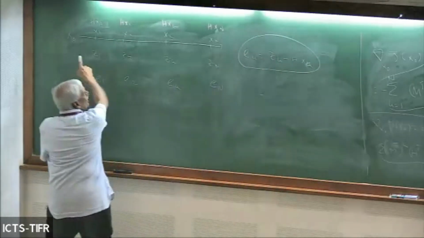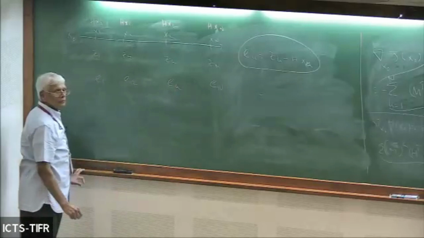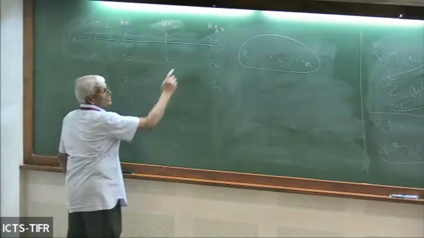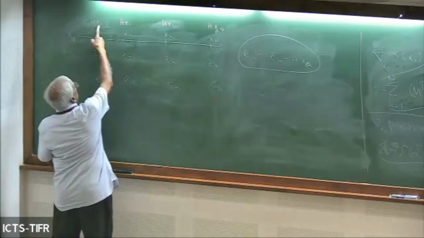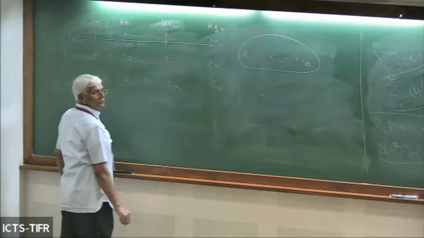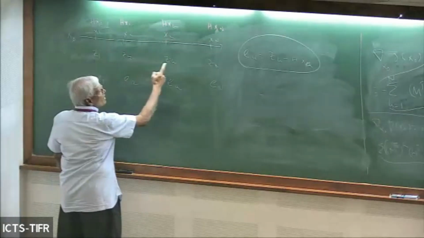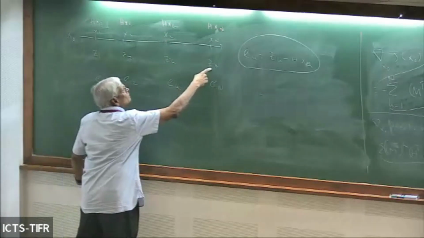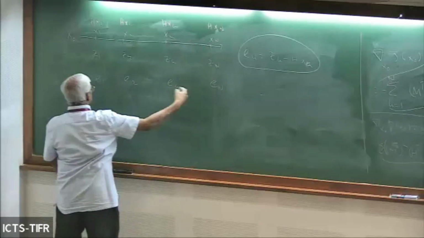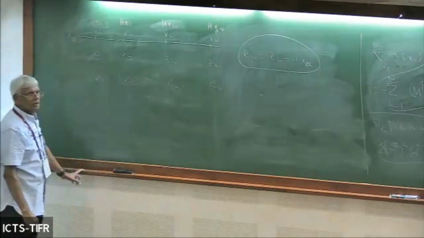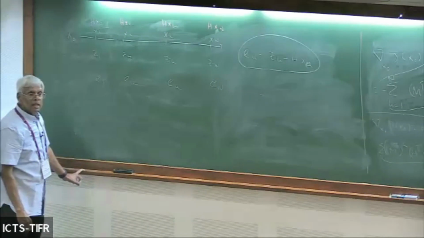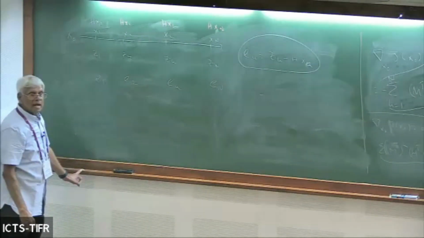So run the model forward in time. You have x's. Compute the model counterpart of the observation. These are the actual observations. Subtract the model counterpart of the observation from the actual observation, compute the error. All of you with me? Everybody?